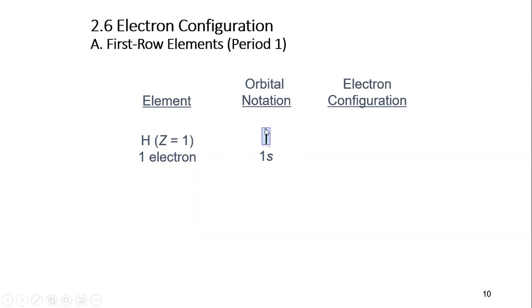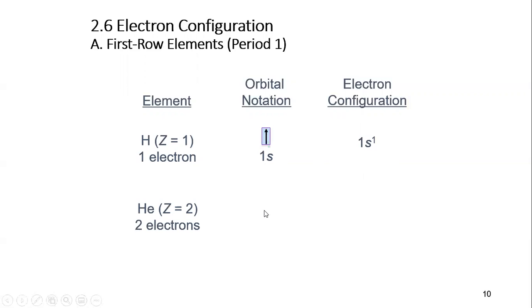And then we fill it with the 1 electron. So notice that hydrogen has 1 lone electron in it. And then the electron configuration we write as 1s and the superscript 1. So the 1s1 tells us that we are on the first energy level. We're in the s subshell, s orbital, and there's 1 electron in it.